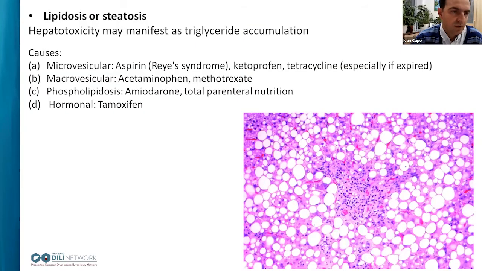So some drugs, like for example non-steroidal anti-inflammatory drugs like ketoprofen, can cause the macrovesicular changes in the hepatocytes, and on the other side we have acetaminophen, which usually causes the microvesicular changes.